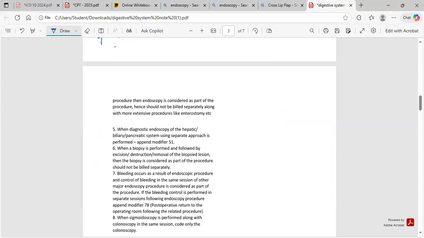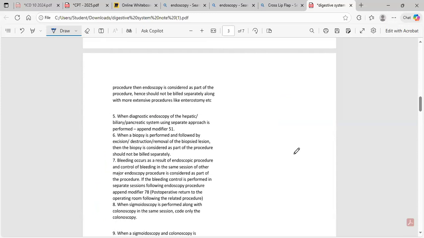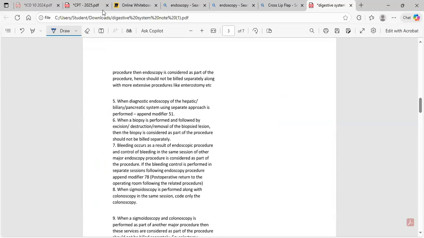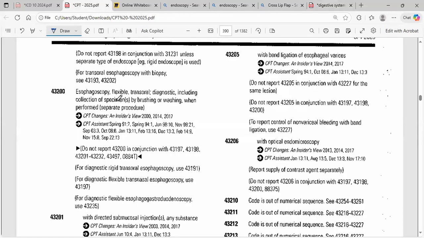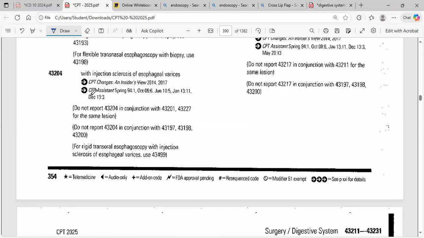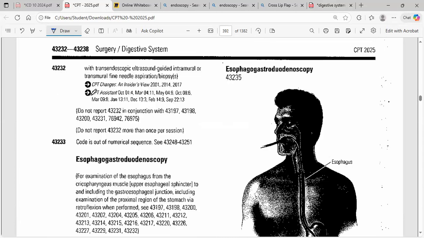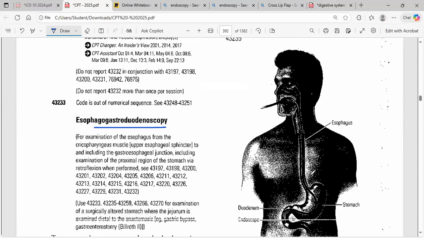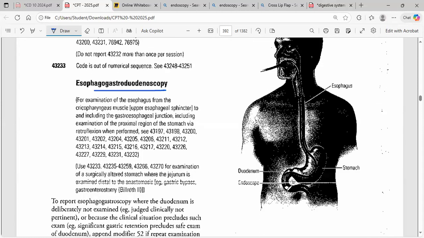Okay. Now next, and the main part is ERCP. I'm going to pull the codes for the ERCP here. So first we have a code for the esophagoscopy. After the esophagoscopy, we have the code for the EGD. That is, the scope has been inserted till the second portion of the duodenum.